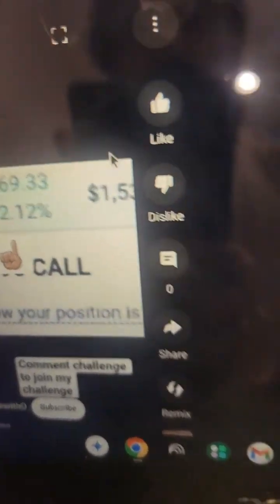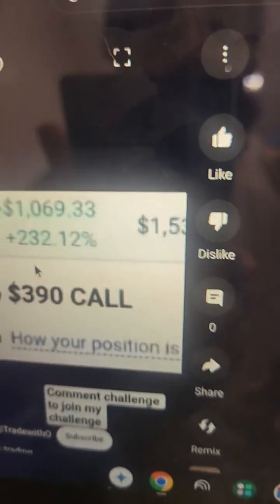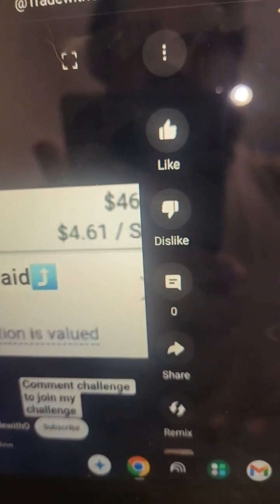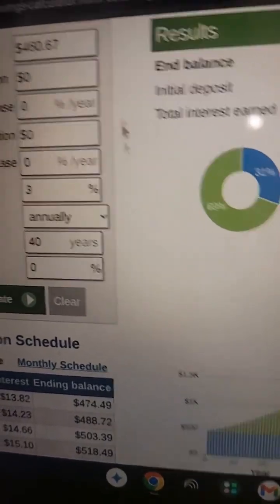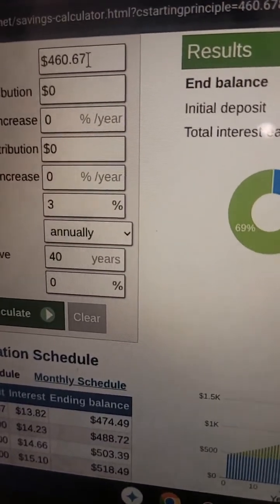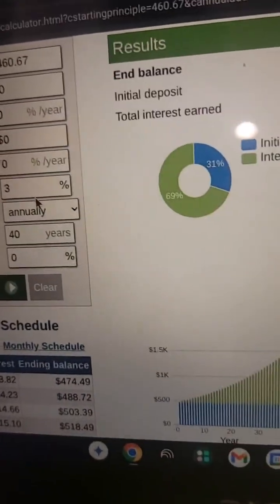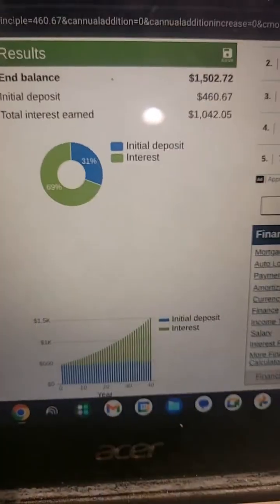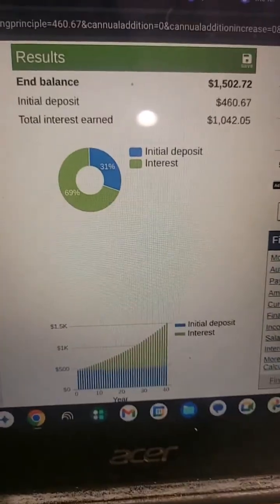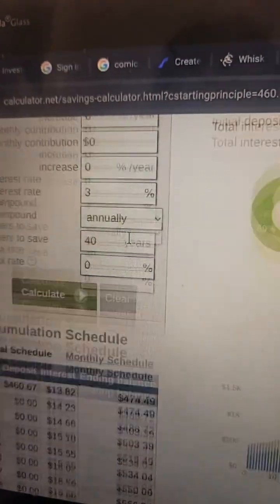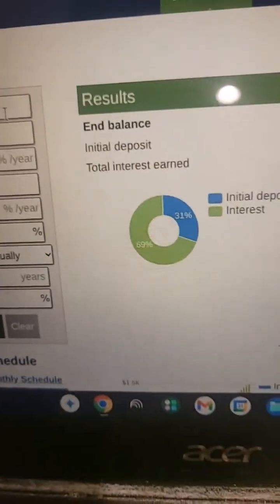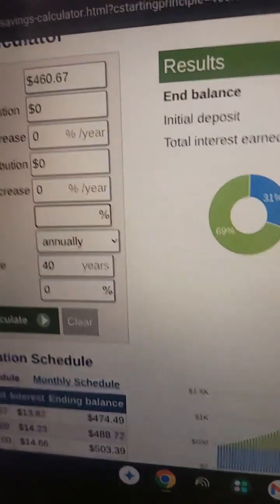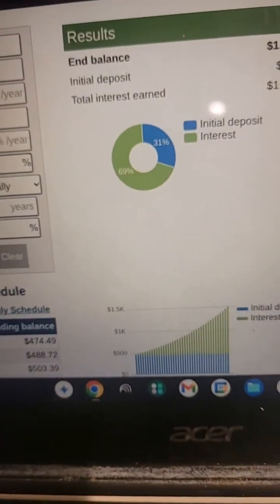And I had an initial deposit investment of $460.67, and that's on a 3% and that was less than a year. Versus if you have a savings account that gives you 3%, it would take you about 40 years to get to a similar number, right? This is the savings calculator, and say you have a 5% return now, right? 5% return.